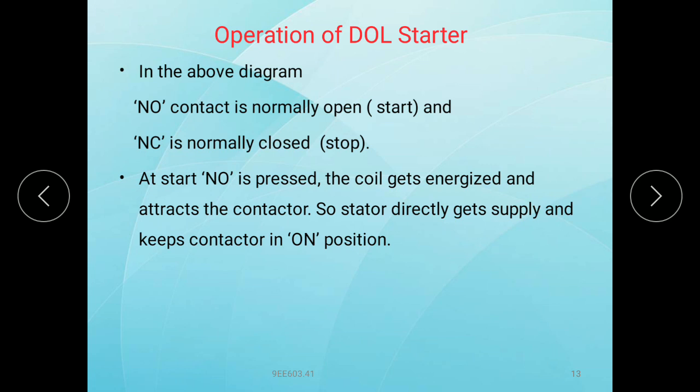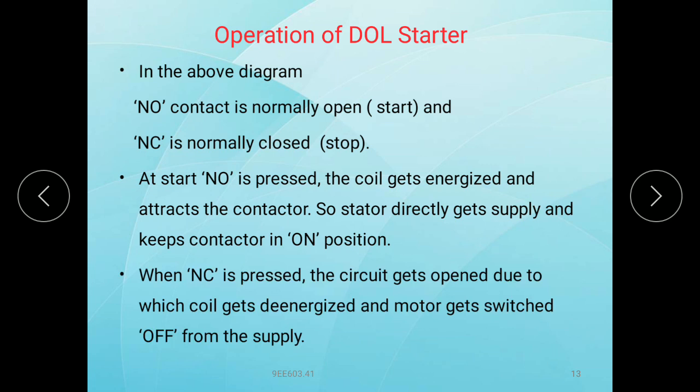So the stator directly gets supply and keeps the contactor in on position. When NC is pressed, the circuit gets open due to which the coil gets de-energized and the motor gets switched off from the supply.